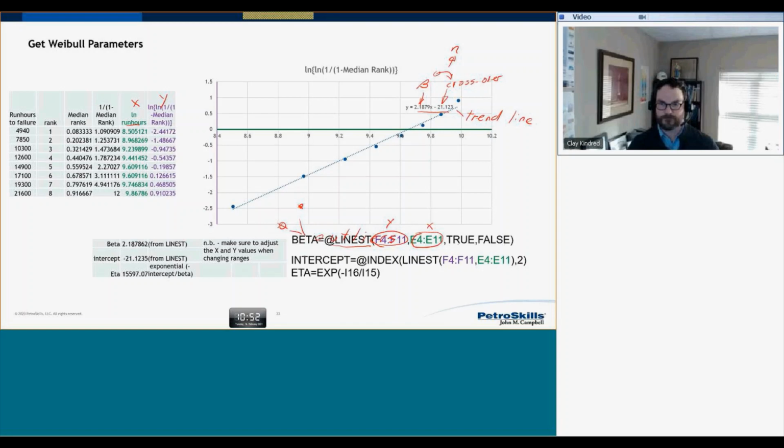That's something I can pull out of Excel and use anywhere else automatically. My intercept, minus 21, is what's showing here. My intercept is at INDEX LINEST, again, that's my y data and that's my x data. And now I can calculate eta by doing the exponent of the intercept divided by beta.